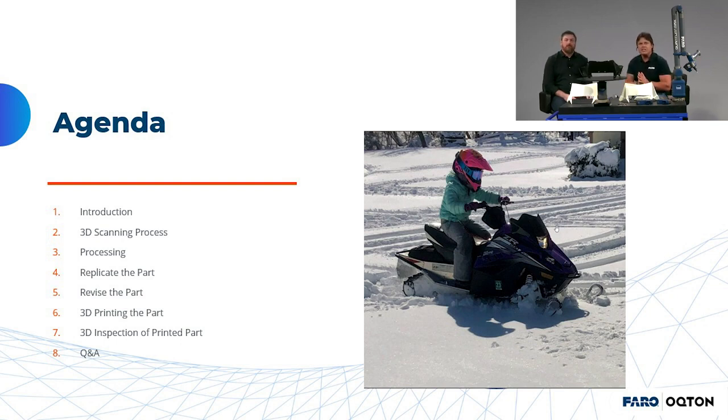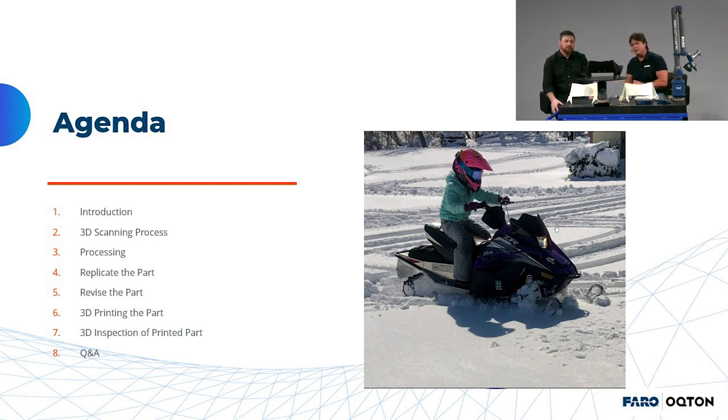So covering the agenda today, we're gonna talk really quick about FARO and Octon, if you don't know our companies, just to get to know us a little bit. We're gonna show you the process, right? Capture the data, analyze the data. We're gonna replicate a part and then revise a part, because that's what we can do. That's part of the reverse engineering process. We 3D print it, as you can see.